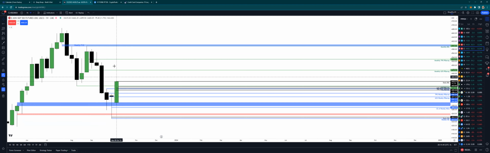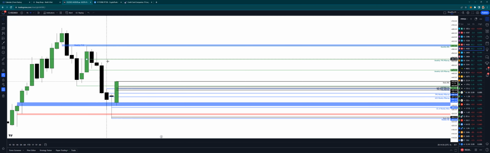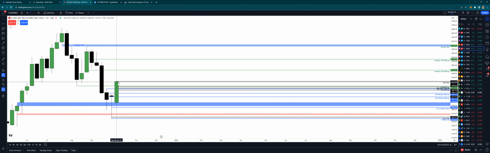And as you can see, those monthly PD arrays are sitting right there within that fair value gap and right above that fair value gap. So I could see price being drawn up to at least the 62% of that monthly premium PD array.